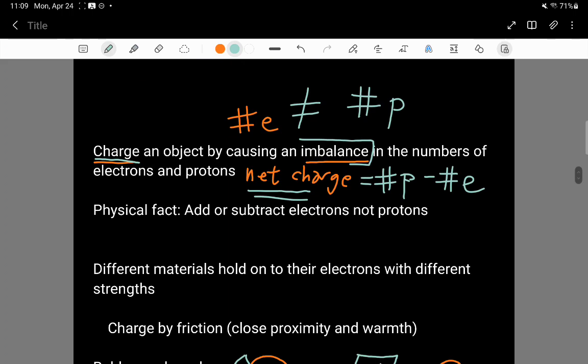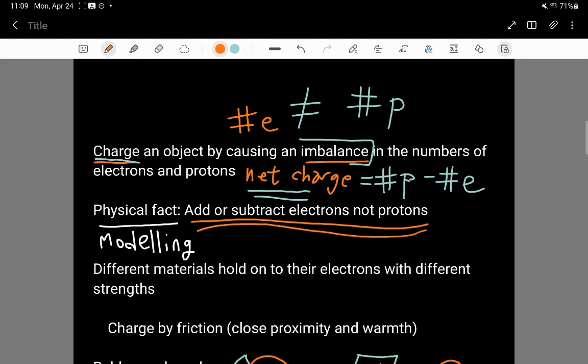So here is a basic physical fact that's useful for when you are modeling how electric charge might be moving around, getting removed or added. And this is pretty important. The only charge that you're going to tend to be able to add, that is, add extra, or subtract, that is, remove from the object, is electrons.